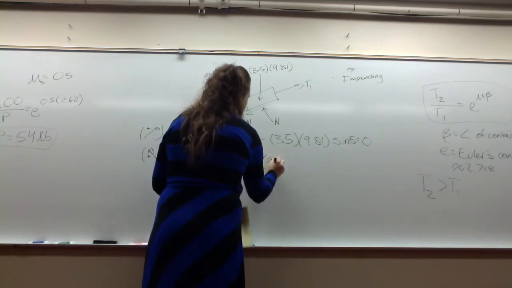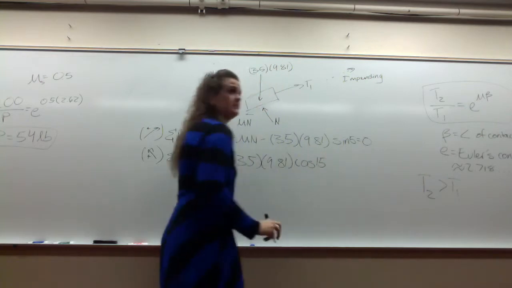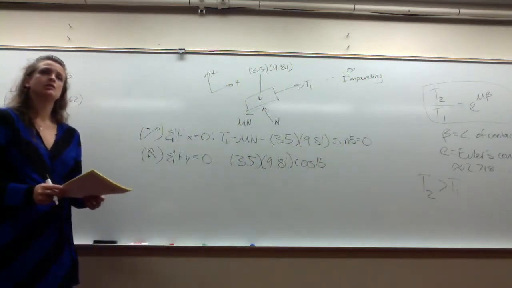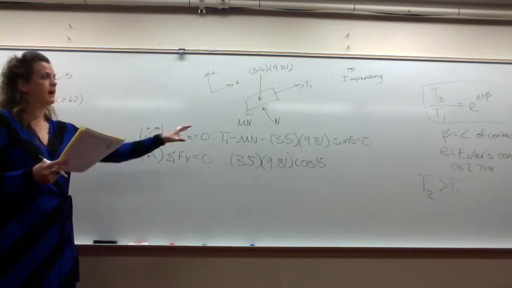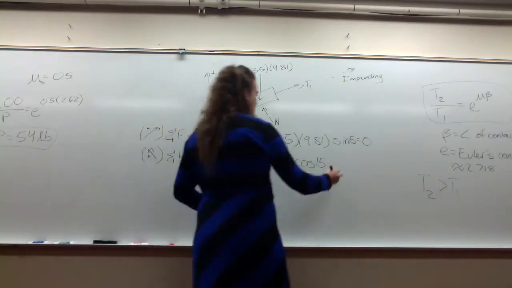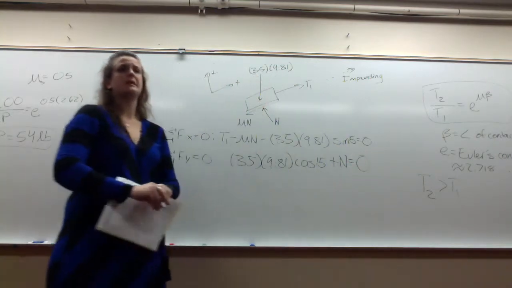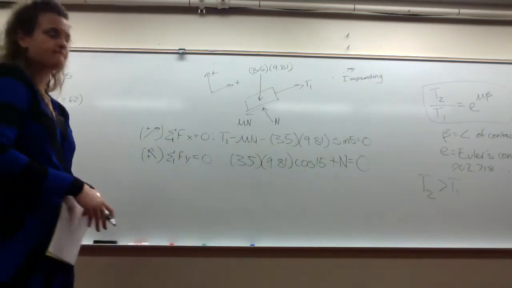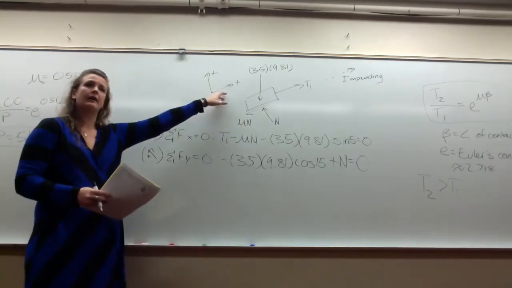Our weight times the cosine, excuse me, of 15 in the y. Oh, and plus n, normal. Plus n. The first one's negative, right? Because it's acting in the negative y. Look at the sense of the vector.